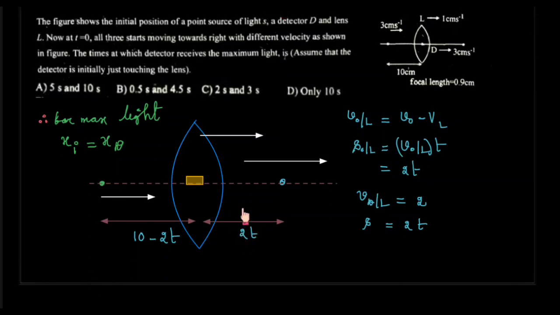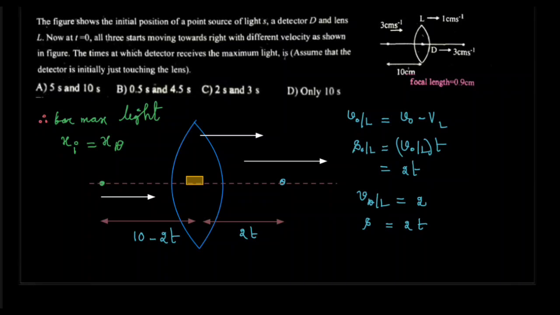Now this will be the image distance and this will be the object distance, and the focal length of the lens is given as 0.9.